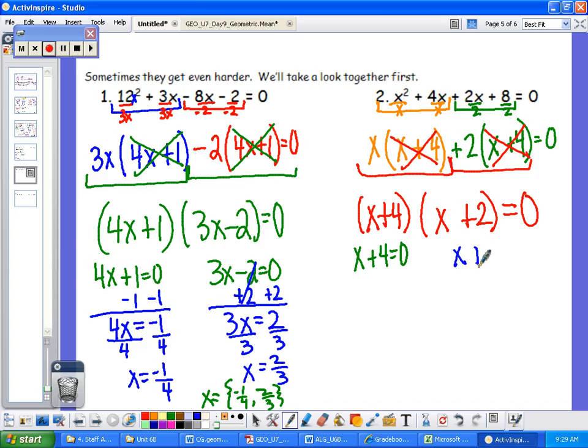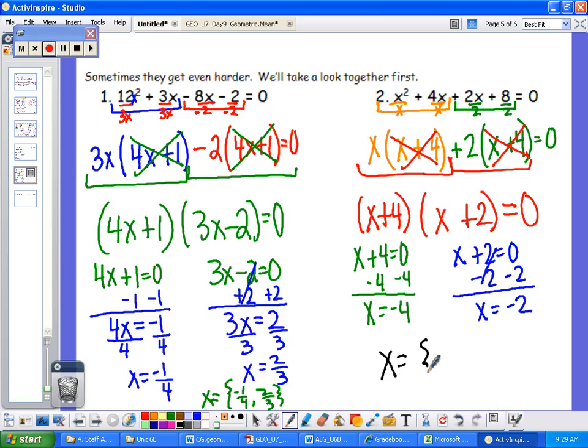Set your second factor equal to 0. And this one isn't too difficult to solve. Subtract 4 from both sides. X equals negative 4. Subtract 2 from both sides over here. X equals negative 2. However, don't forget your solution.